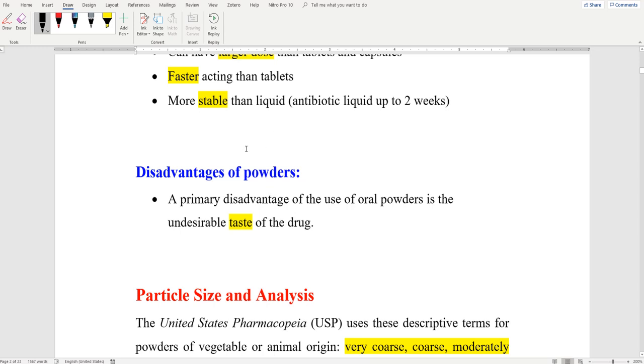Okay, what are the disadvantages of powders? The main disadvantage is that the taste is difficult to hide. If the drug has a bad taste, then how can you hide this taste?